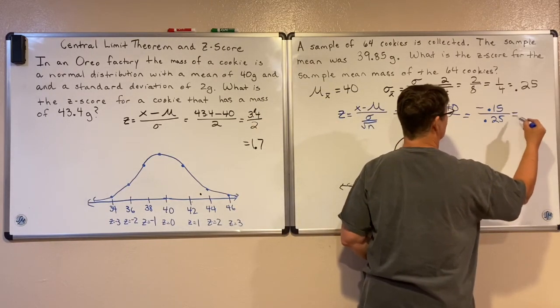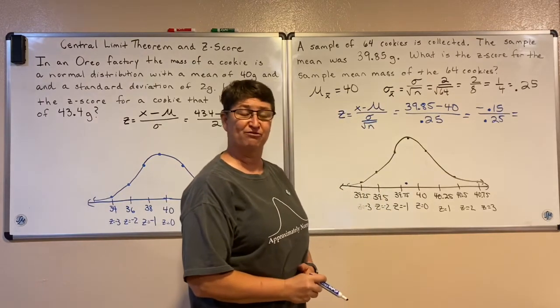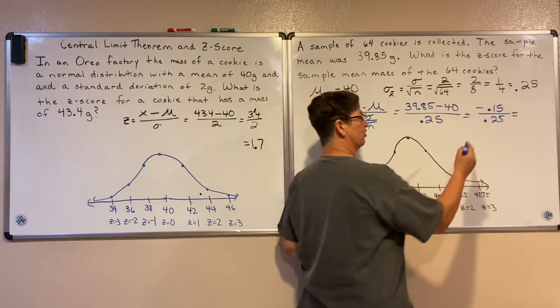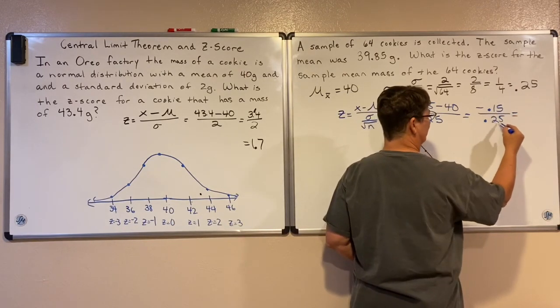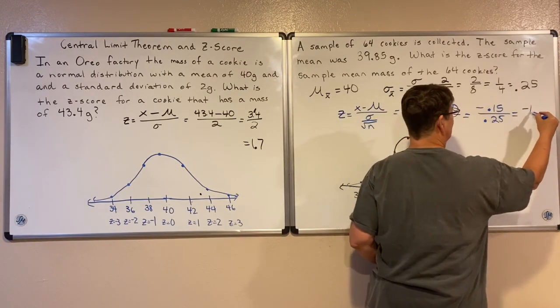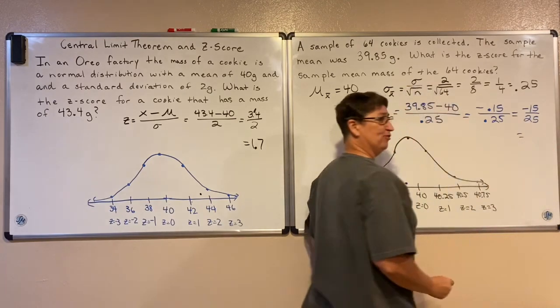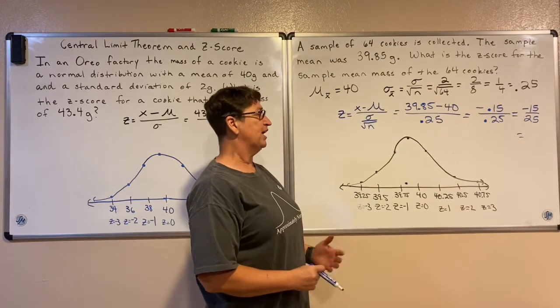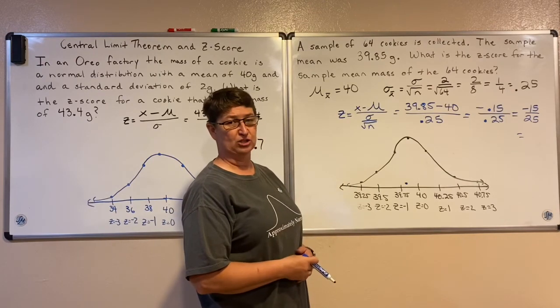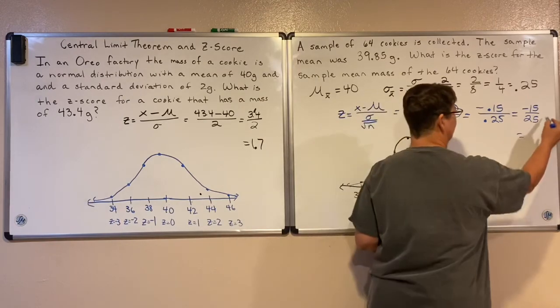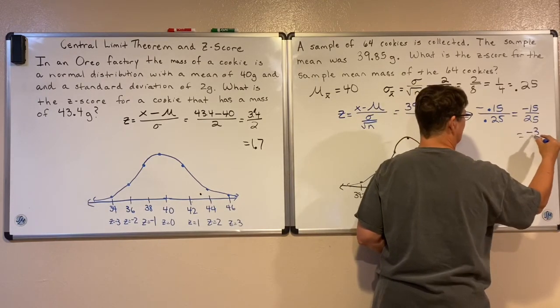The way I like to do this is I like to just simplify my decimals or my fractions. First of all, if I multiply the top and the bottom by 100, I just end up with negative 15 over 25, and then I don't have to worry about those decimals. Then I'm just going to simplify my fraction. If I divide the top and the bottom both by 5 over 5, then I have negative 3 over 5.